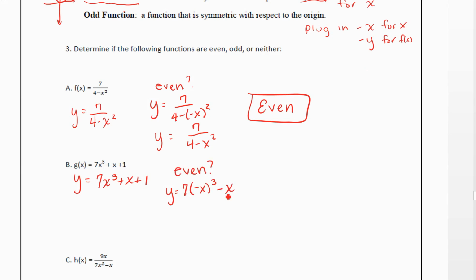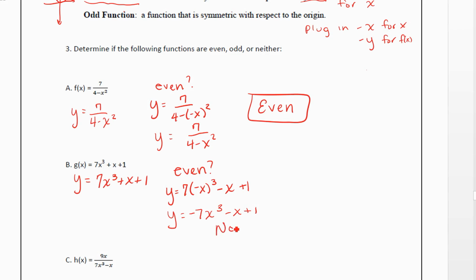So plugging that negative x, plus a negative just becomes minus x plus 1. Now, when we do this negative x cubed, negative x times negative x times negative x is a negative x cubed. So this is going to become negative 7x cubed minus x plus 1. And there's nothing else we can do to simplify this, and it's not the same as we started out with. So this function is not even.